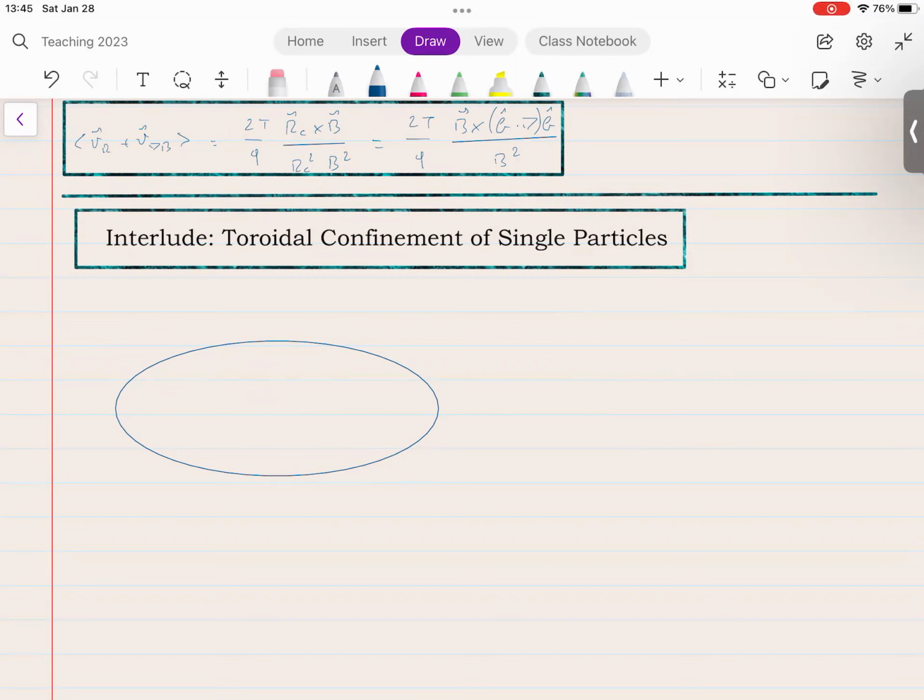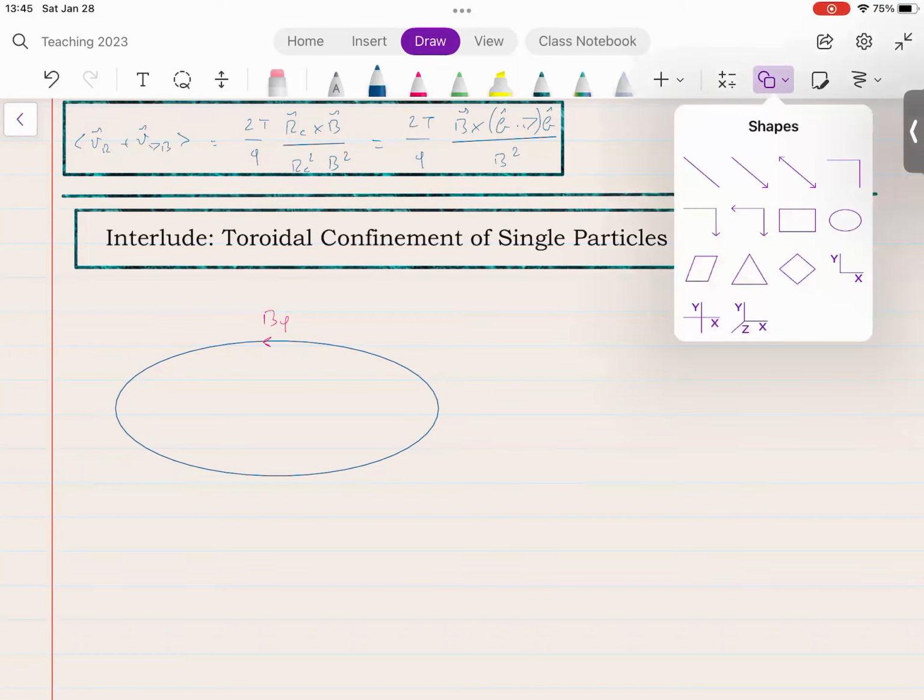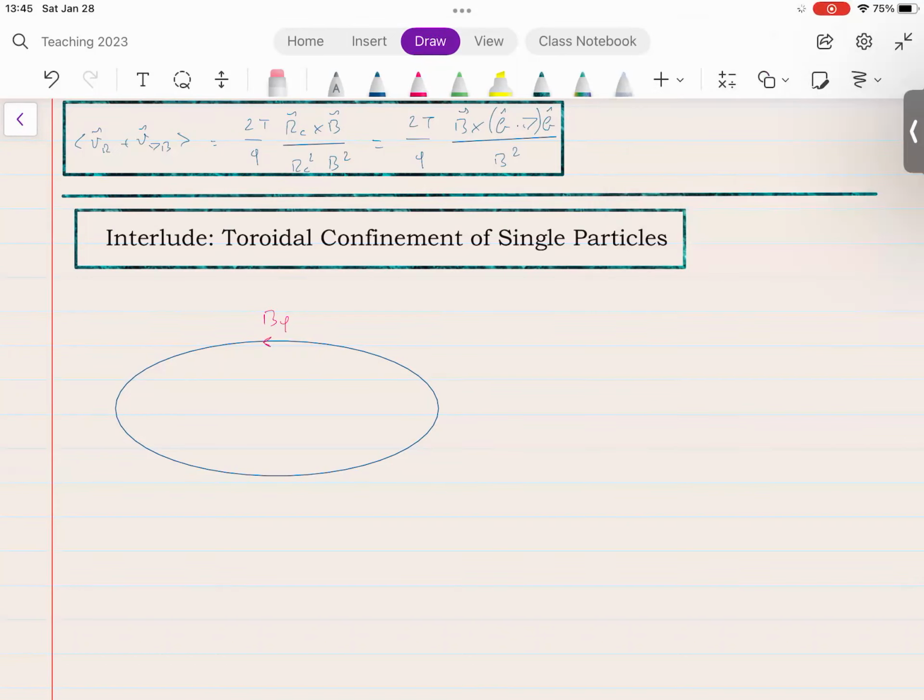And let's say that we have a toroidal component of the field that's in this direction. So this angle is going to be the angle phi.